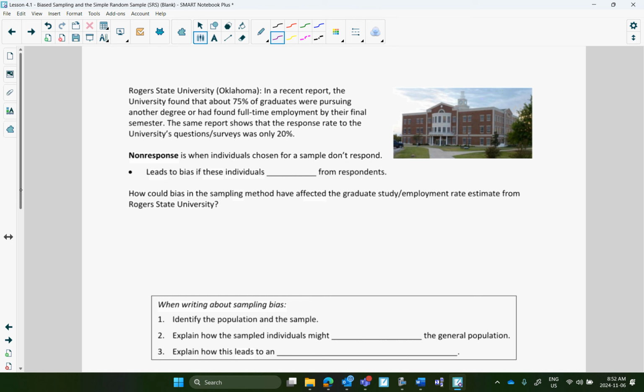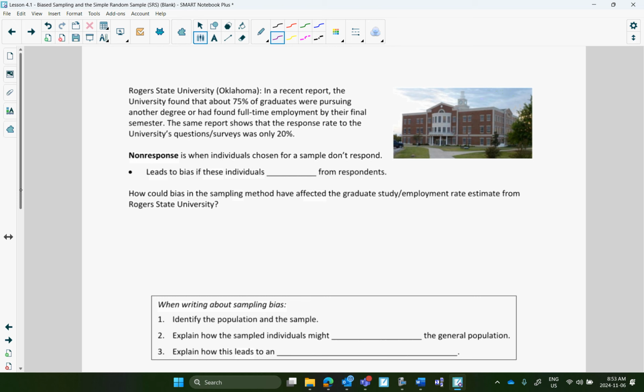What are some possible reasons why you wouldn't respond? If, say, you were a student at Rutgers or Rogers State. You saw this survey brought out by the university, and you're one of the 80% that didn't respond. And they're asking you about, are you pursuing another degree or had you found full-time employment? Why might you not want to respond?